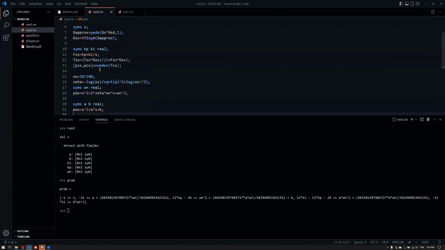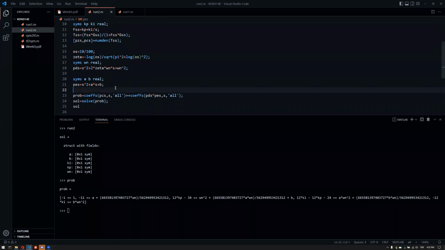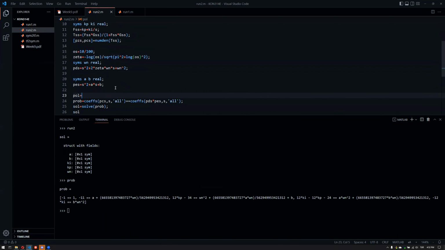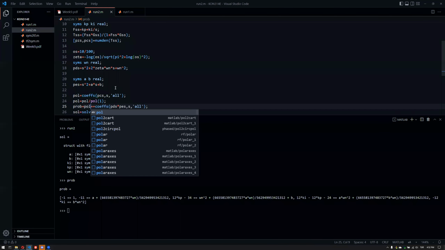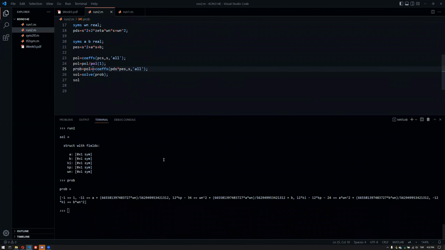Instead of using PCS directly, what we have to do is have a slight normalization going on. So PCS equals PCS divided by its first element, and then use that instead of PCS, because of the approximation we will have negative signs.